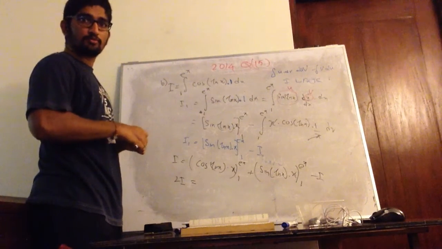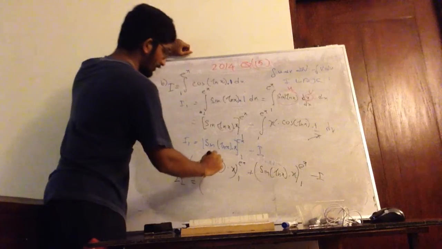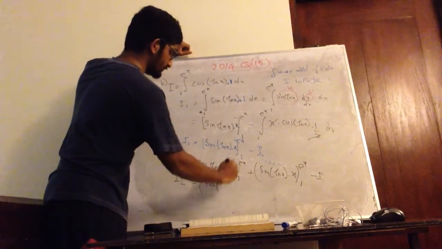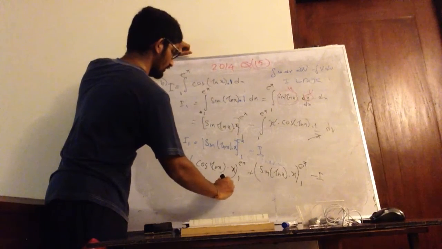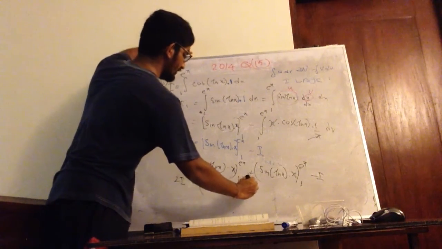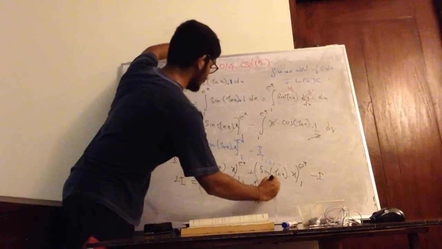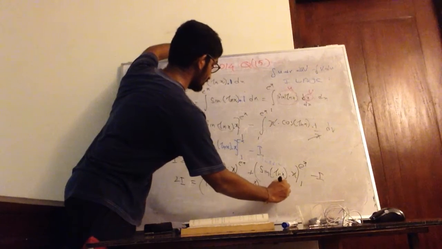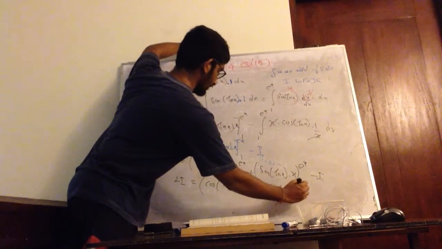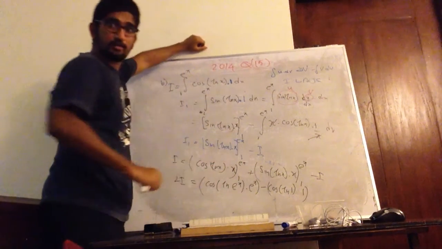If I put the limits, it will become cos ln e^π minus cos ln 1, that is this part.